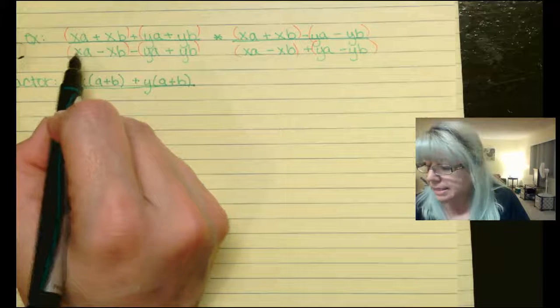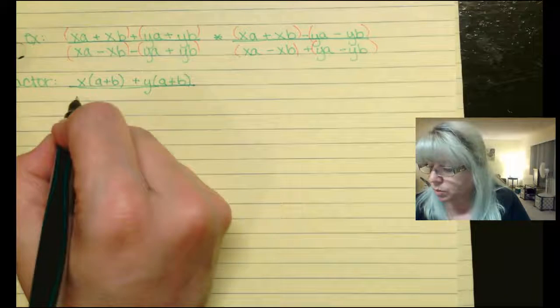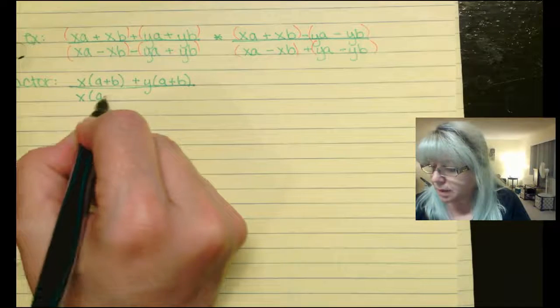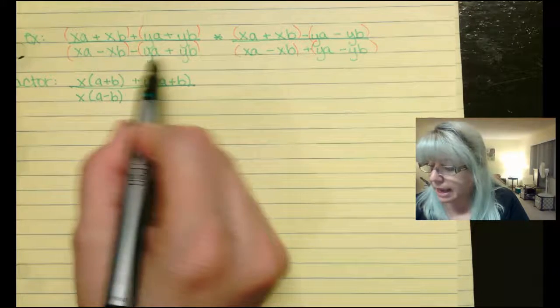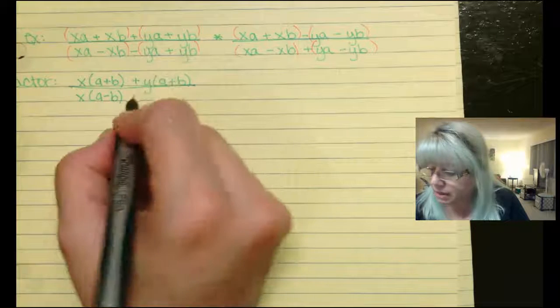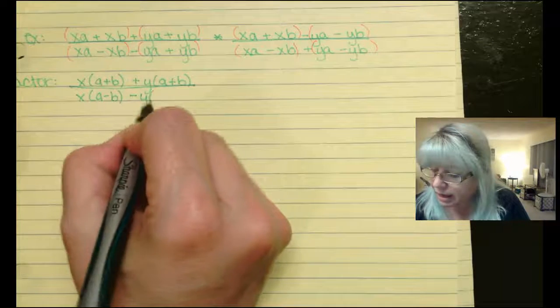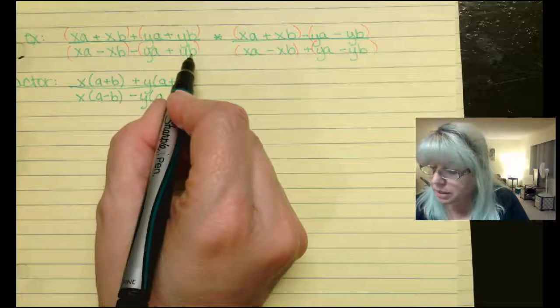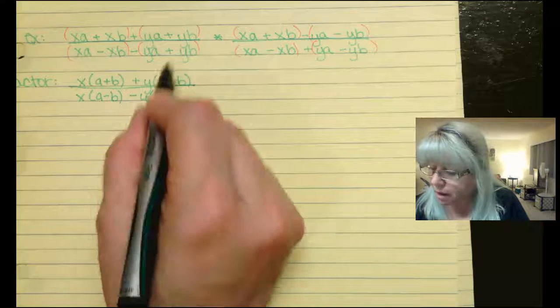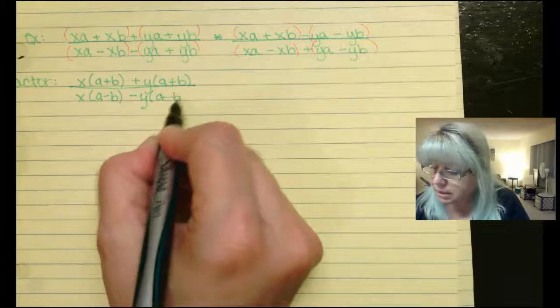Denominator. xa minus xb will be x times a minus b. Negative ya plus yb, I can factor out that negative y. That will leave me a and negative b, because negative times a negative will be that positive right there, minus b.